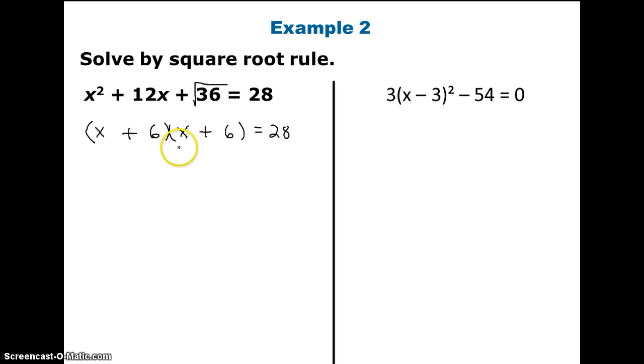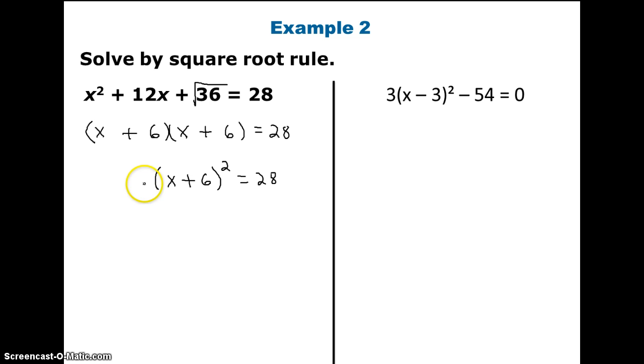Once I factor those two binomials, notice x plus 6 is a binomial, x plus 6 is a binomial, they're equal. So I can write those binomials as a binomial squared. There's 2 of them, they're equal, so we have binomial squared. Now we have a parenthesis with the squared. That means we can use the square root rule.